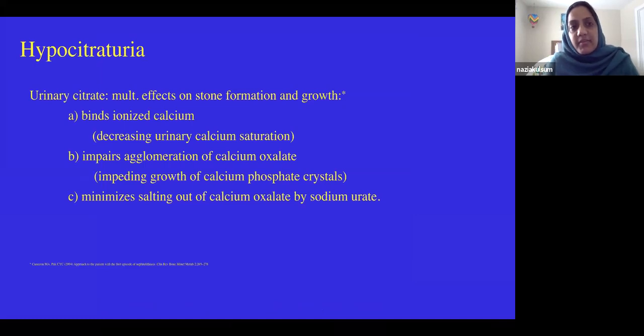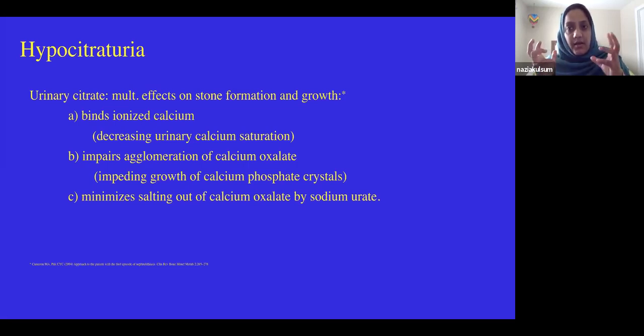The second risk factor is hypocitraturia. As we discussed, urinary citrate is needed in multiple ways to prevent stone formation. So if you have a patient with low citrate in the urine, then they are at high risk for calcium stones. One is because it reduces the urinary calcium saturation.